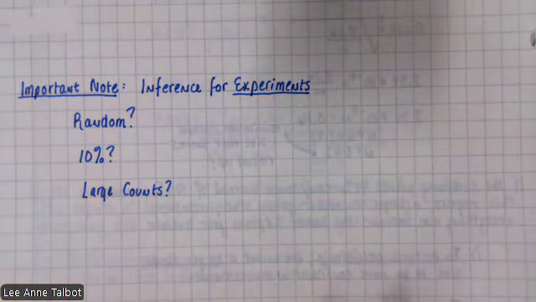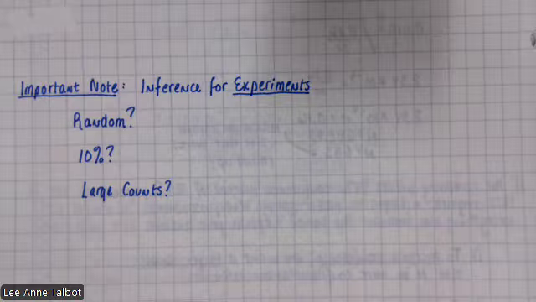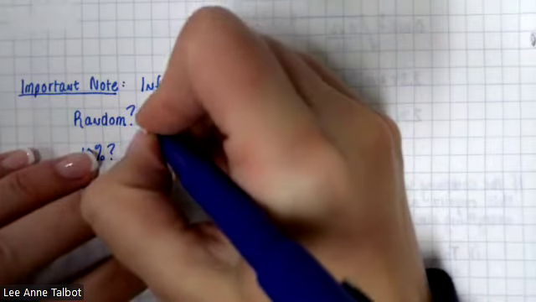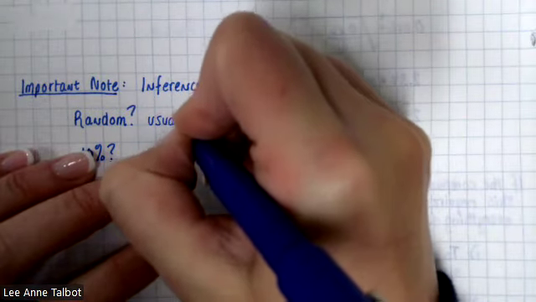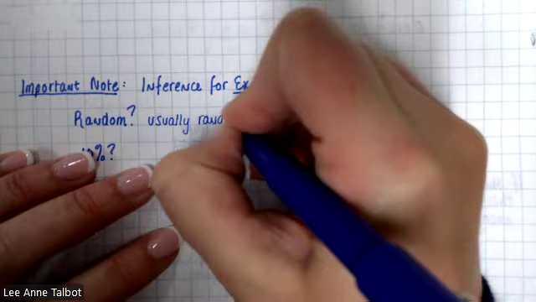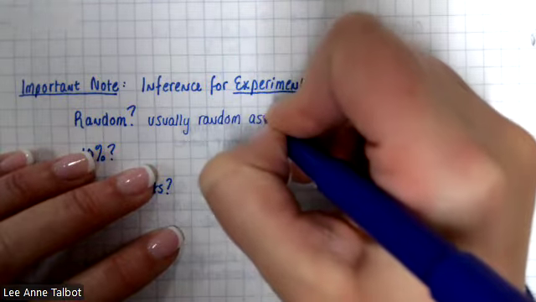Okay, anyway, in the problem, it might not say random assignment directly, but there should be some kind of description that sounds like random assignment. So I'm gonna say usually random assignment.